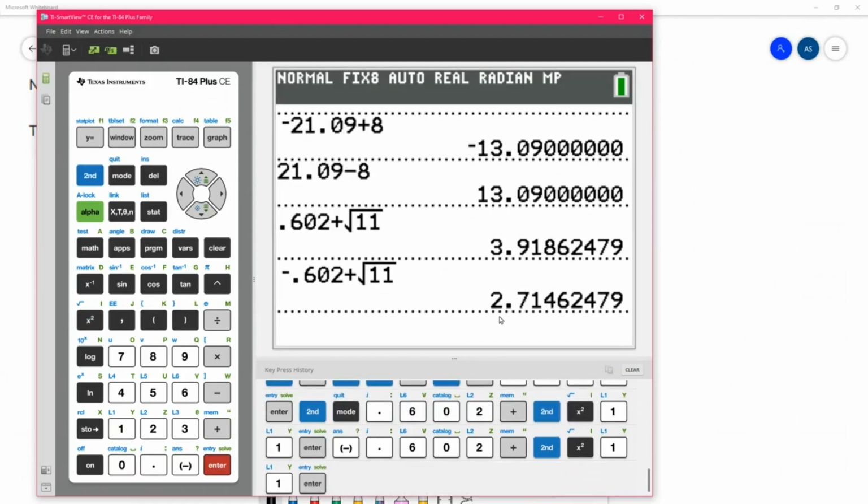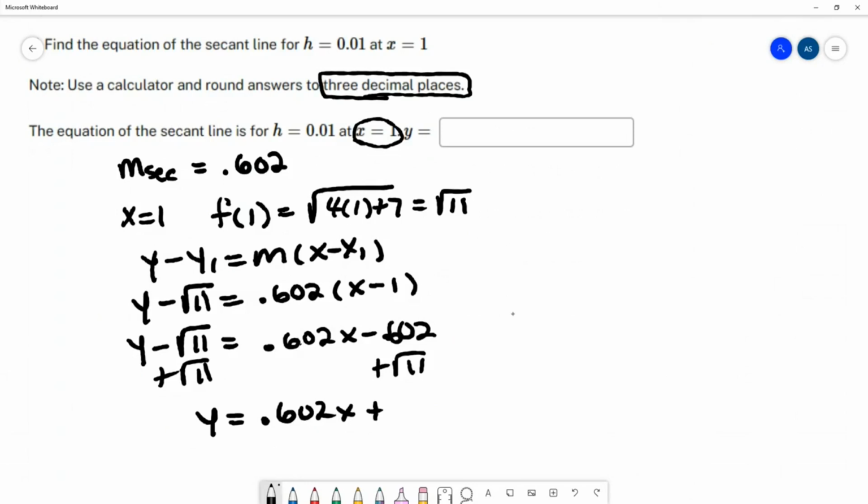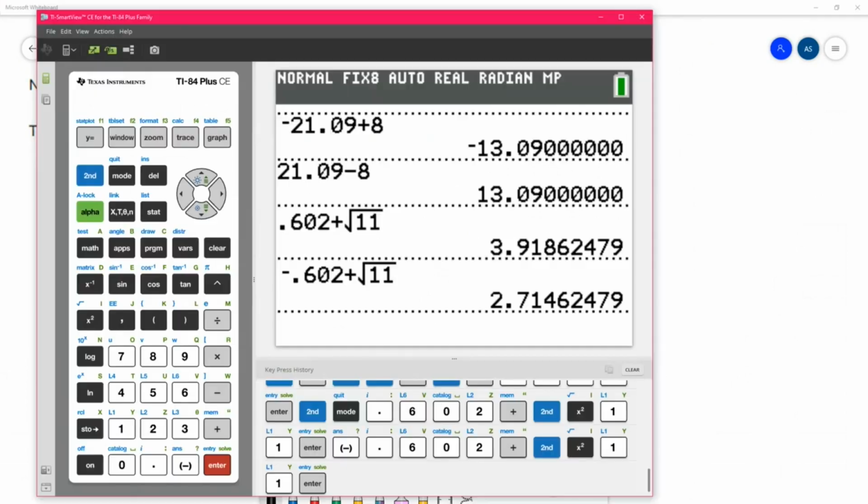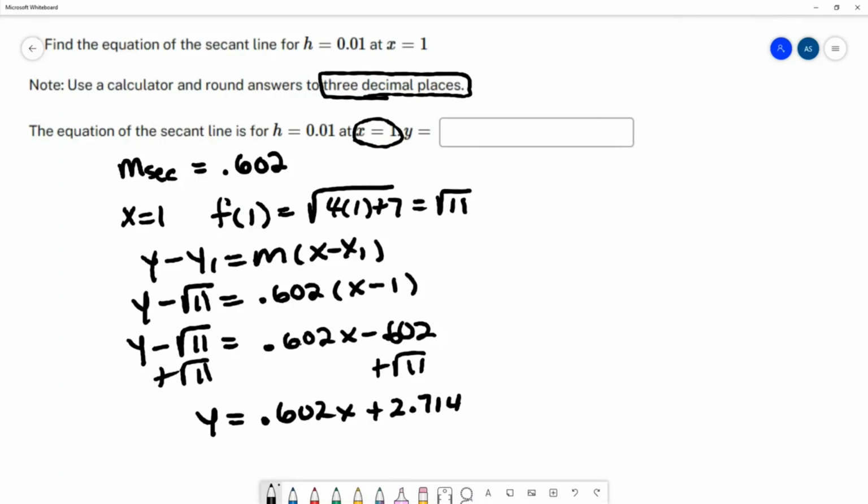And that gives us 2.7145, which is 2.715 if we round to 3 decimal places.